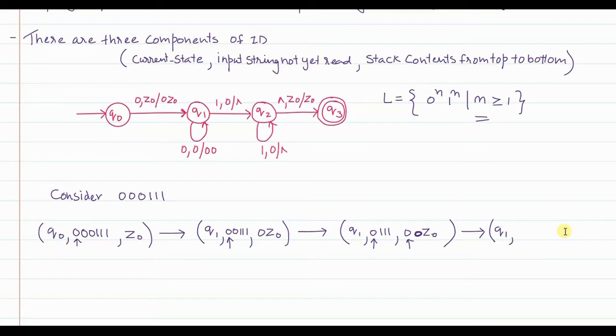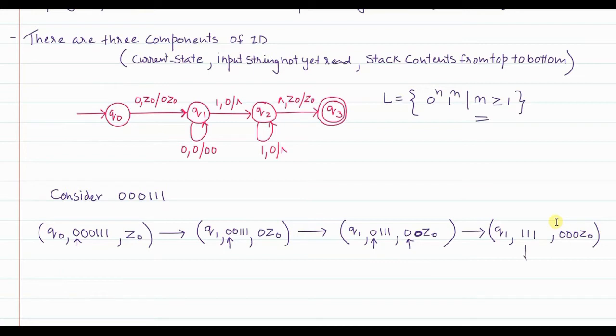After pushing this 0 onto the stack, the content will be 3 zeros followed by Z0. Once this 0 is read, what remains unread is 3 ones.